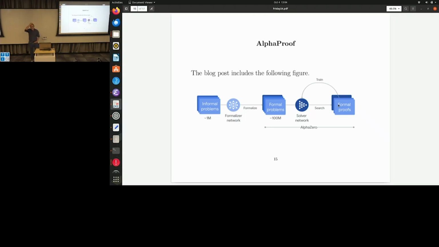So how is the formalizer network trained? That I don't know. We just have this figure. I mean, you probably don't know, but I'm actually curious. In the informal problems, are they things that in one or two sentences contain all the formalism?